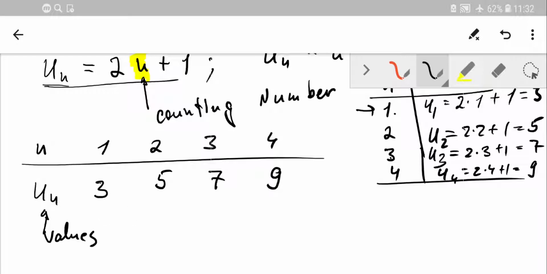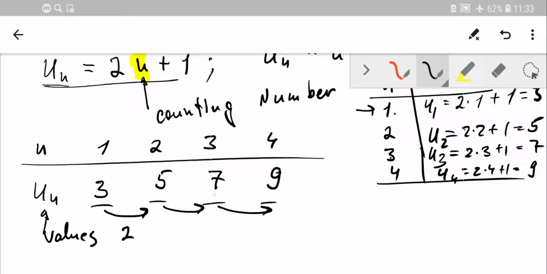Remember, before you were given several rules for how you can determine the following terms, for example, if you're given 3 or 4 terms. We started exploring the difference between the elements. The difference here is 2, because 5 minus 3 is 2.